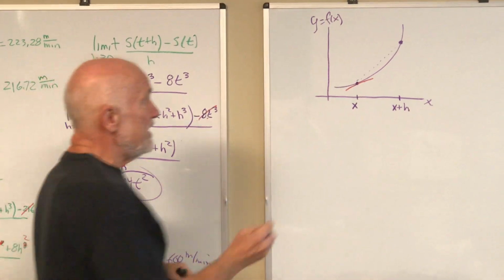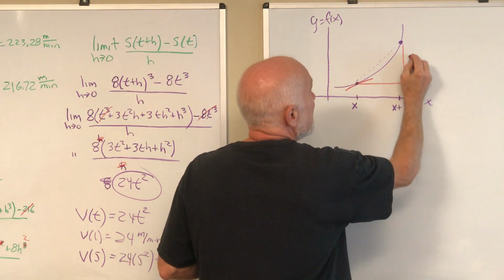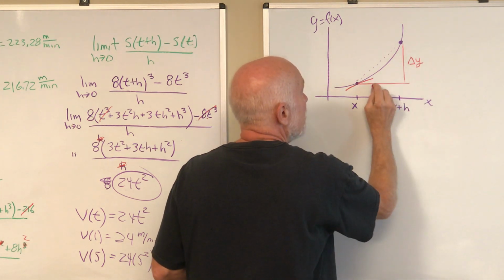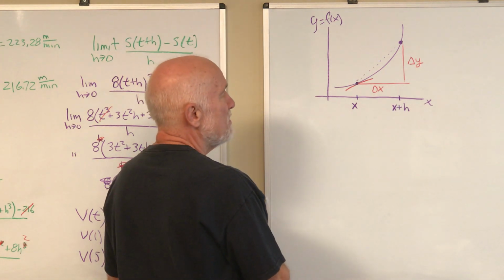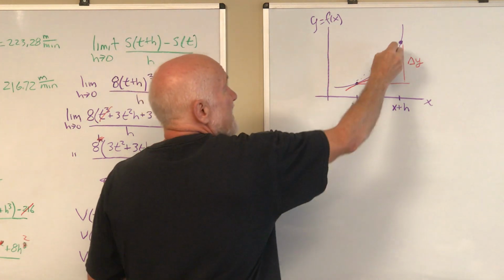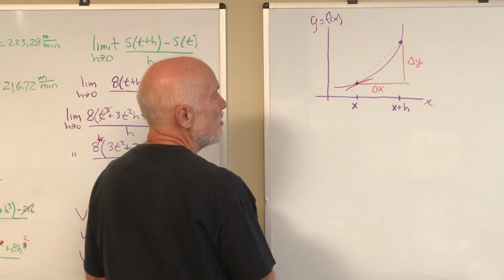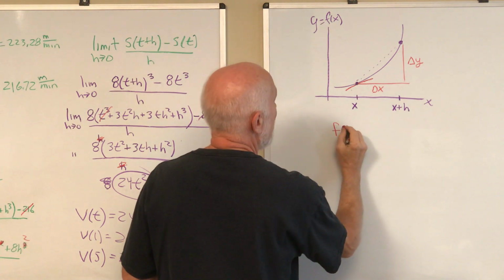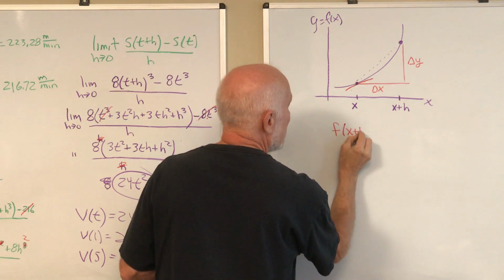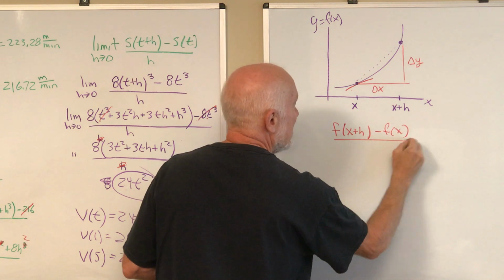And how am I going to do it? The same way. The rise over the run. The change in y over the change in x. But then, what are we going to do? That would give us this slope, and we really want this slope. So, to get the change in y, we're going to go f of x plus h minus f of x.